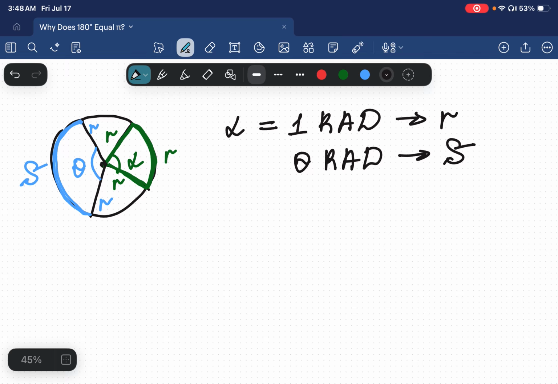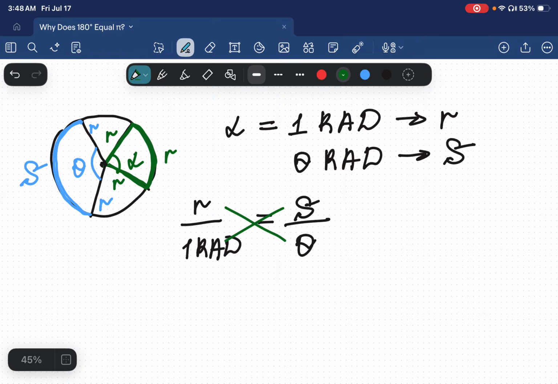So we can write r divided by 1 radian for our first angle equals s divided by theta for our second angle. Now we can cross multiply and we get r theta equals s multiplied by 1, or s equals r theta.